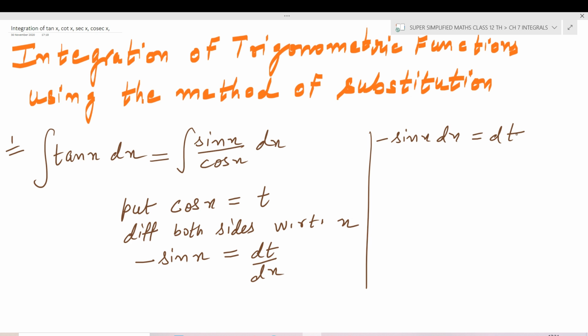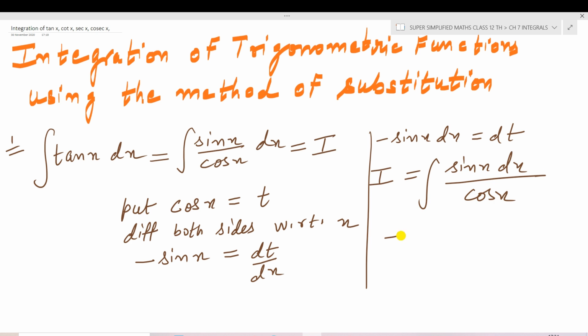So let us make this substitution in this integral I that we are going to solve. I, which was sin x dx upon cos x, now becomes: sin x dx is minus dt, and cos x we have assumed to be t.